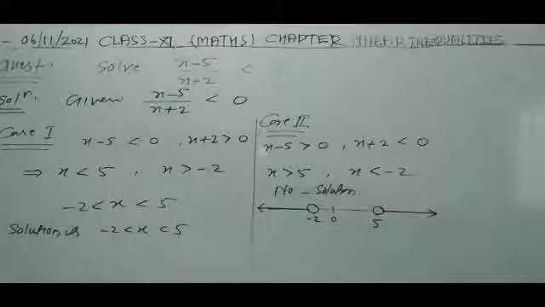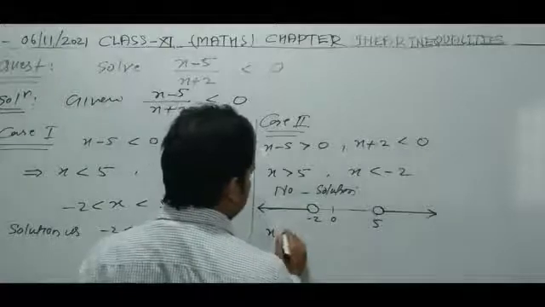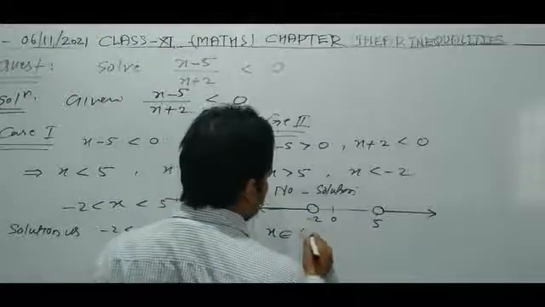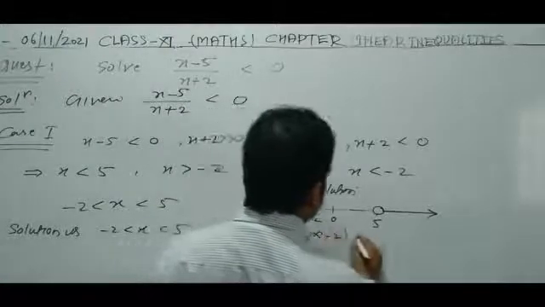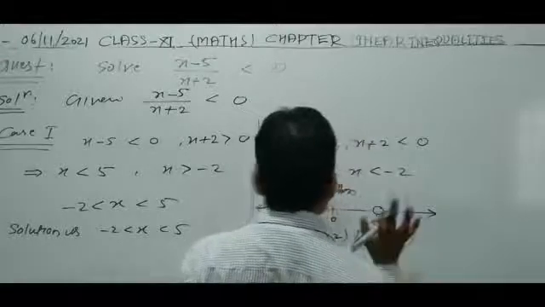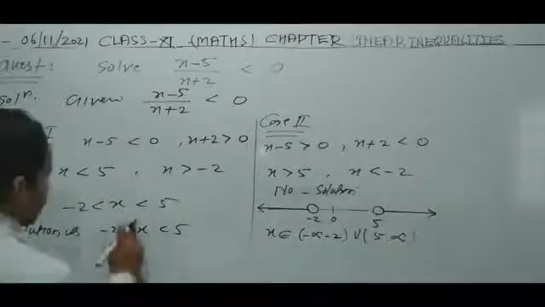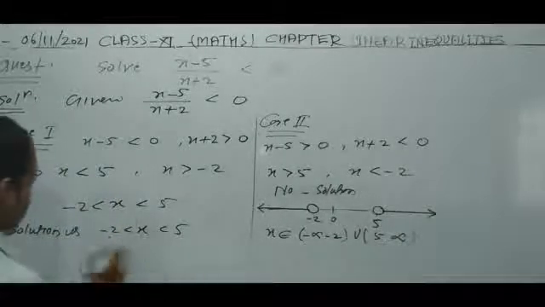So there is no solution. You can see there is no solution, and its result when you write it, x belongs to minus infinity to minus 2 in open interval union 5 to infinity. This is no solution. The solution is x is more than minus 2 and less than 5.